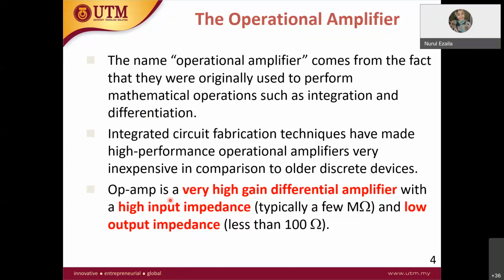The op-amp characteristic is a very high gain, as a differential amplifier. The voltage gain is very high with high input impedance, Z in is high, but the output has low output impedance. This is the main characteristic of the op-amp.